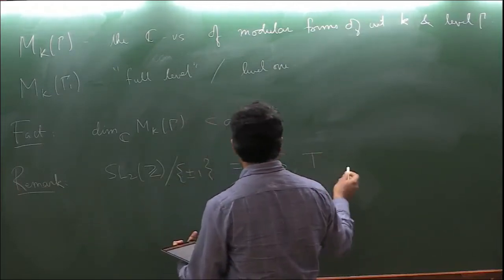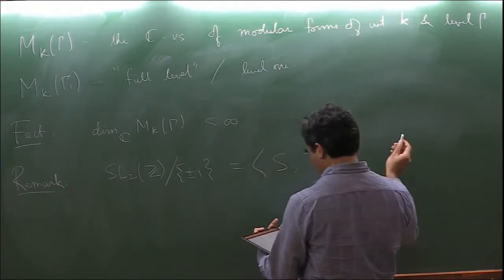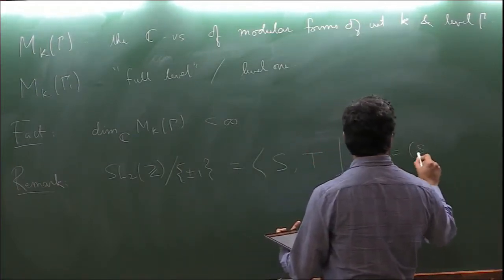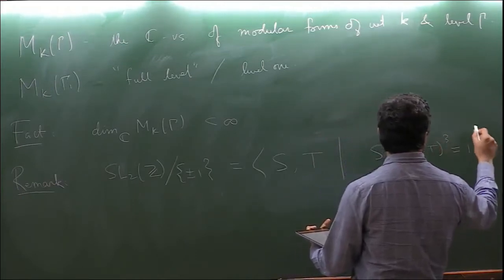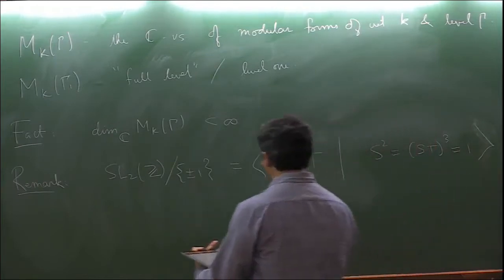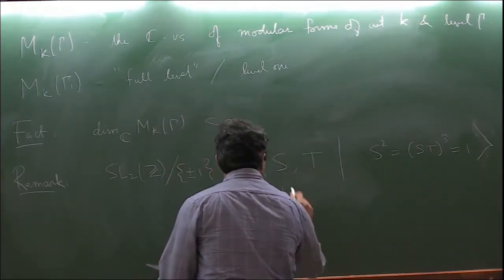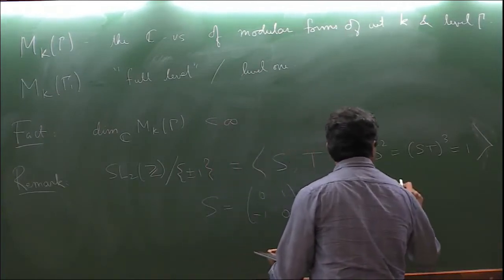So this is generated by two elements S and T, with two relations: S squared and ST cubed are the identity. And what are S and T? S is the one that appeared before, and T also appeared before.